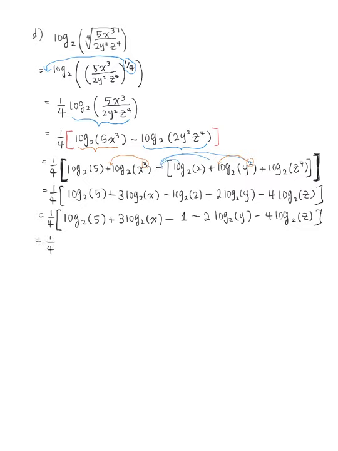So you're going to have 1/4 log base 2 of 5 plus 1/4 times 3, so that's 3/4 log base 2 of x, and then minus 1/4 times 2, that's 1/2 log base 2 of y, and then minus 1/4 times 4 is 1, so I'm just going to keep it as minus 1, and then log base 2 of z. Alrighty then, so that is going to be our answer.